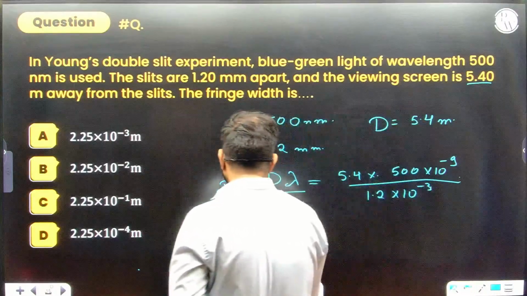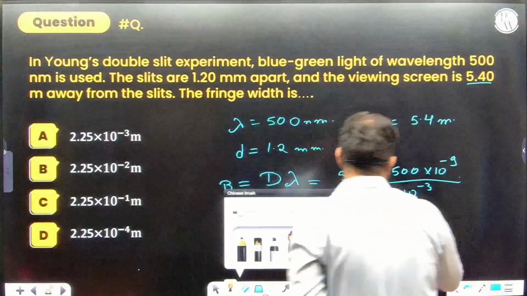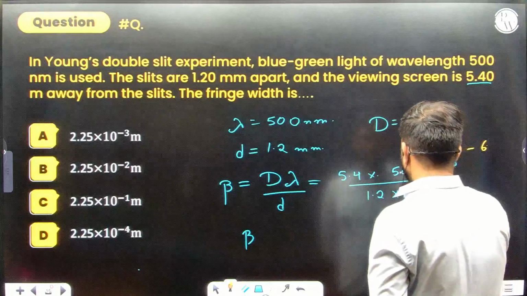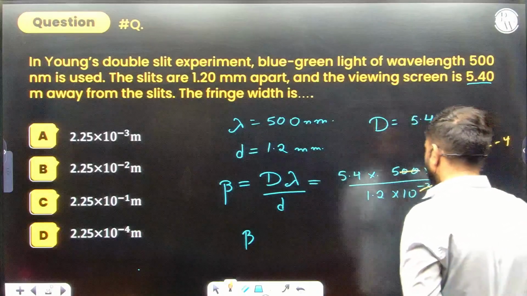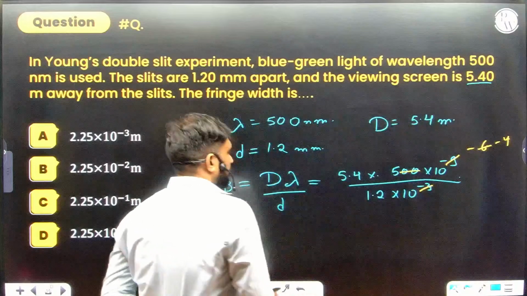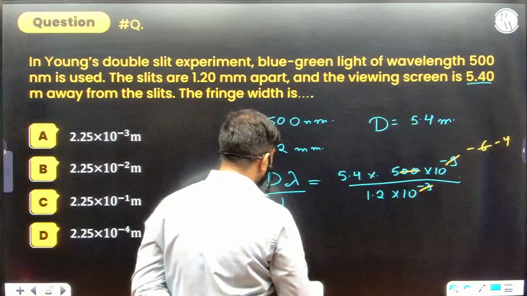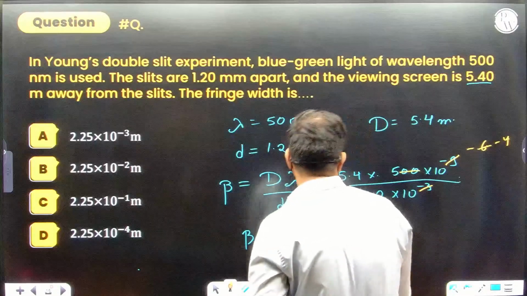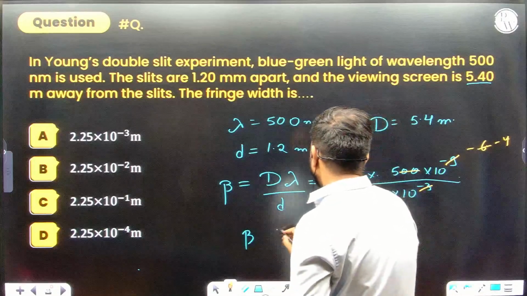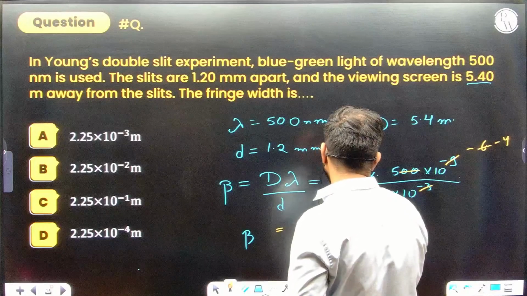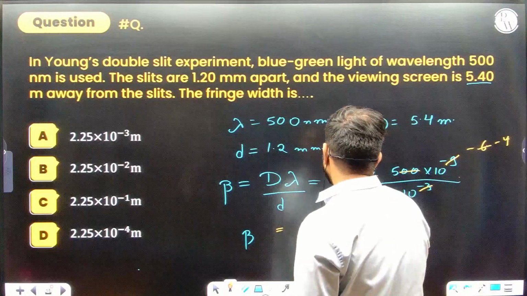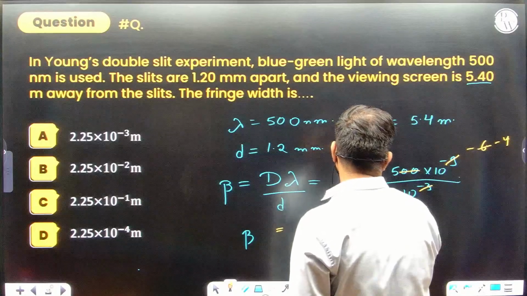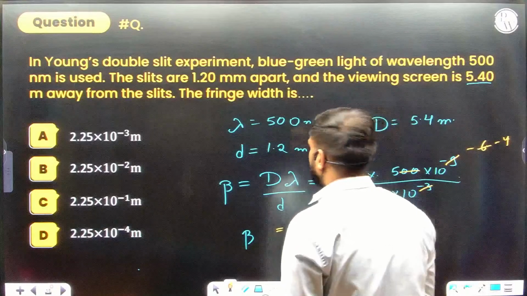Let's just simplify it. Minus 3 and minus 9, it will be minus 6. 2 zeros, so minus 4. And 5.4 divided by 1.2, multiplied by 5. So it will come out to be 22.5 into 10 to the power minus 4.